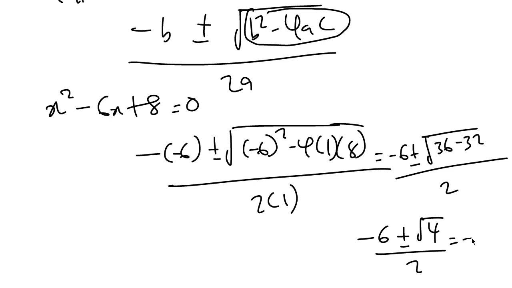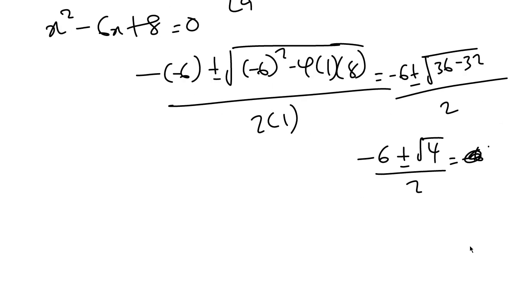So that'll be 6 plus or minus 2 over 2. So you can now notice that you will have 6 plus 2 over 2, and 6 minus 2 is 4.